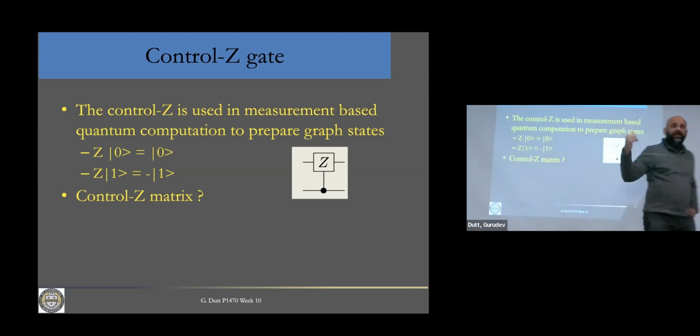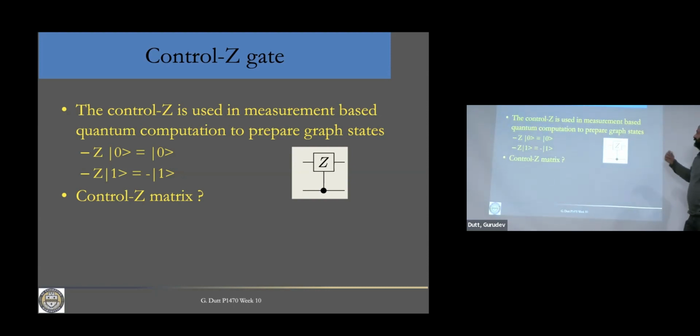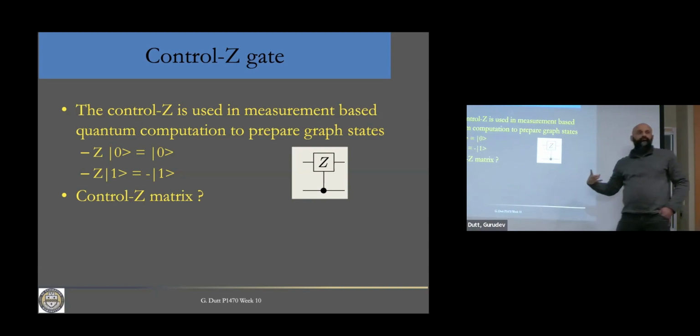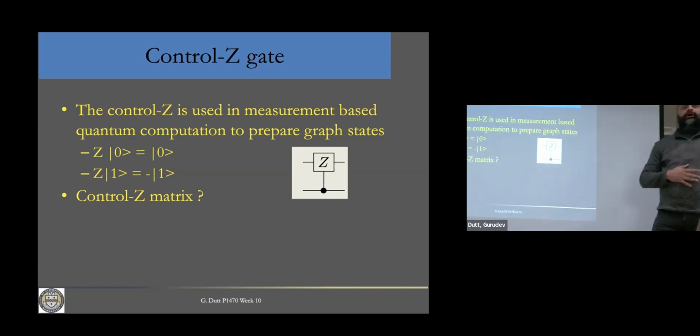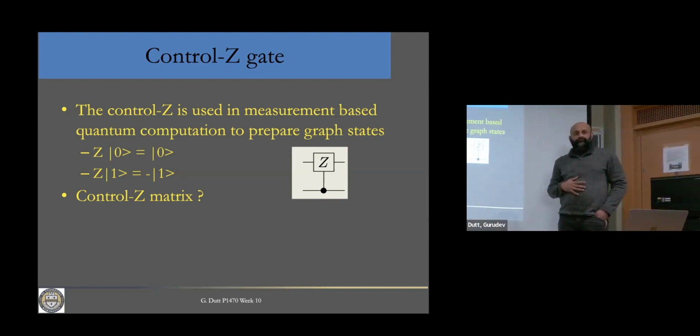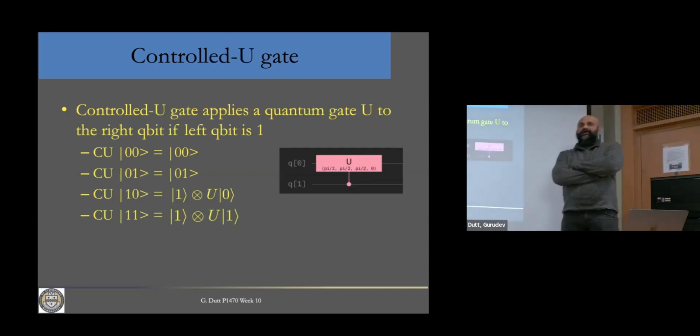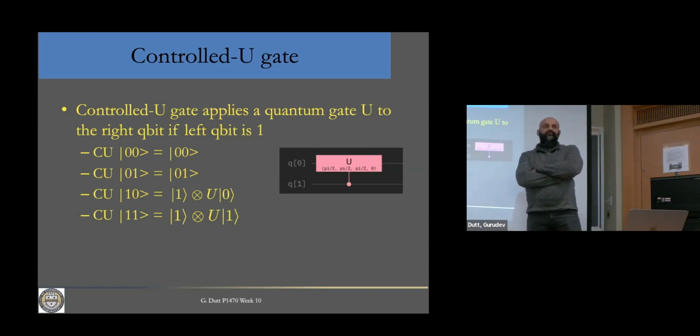Okay, so now let's think what would be the matrix for this control Z gate with the 2-qubit system. Do you want to try and work that out and tell me? Let's try to think about that for a second. Going back here, this is the action of any general control U gate. The Z gate puts a minus sign on the 1 state.